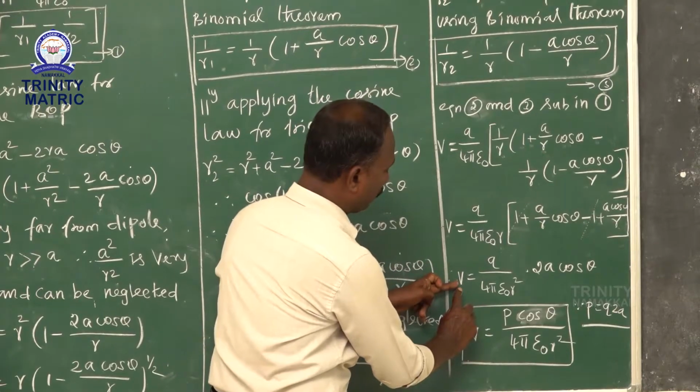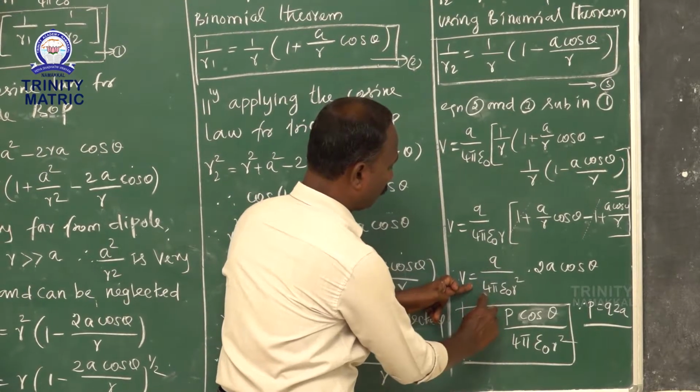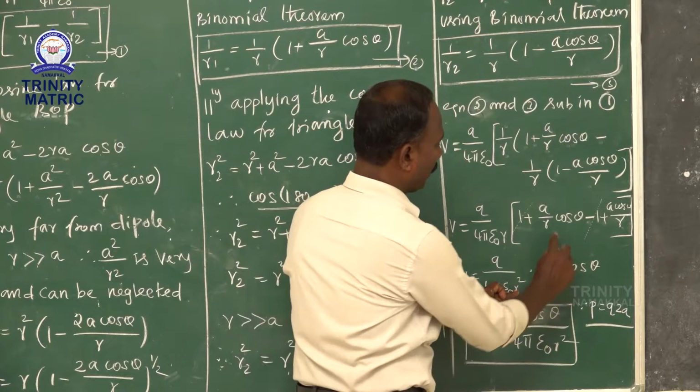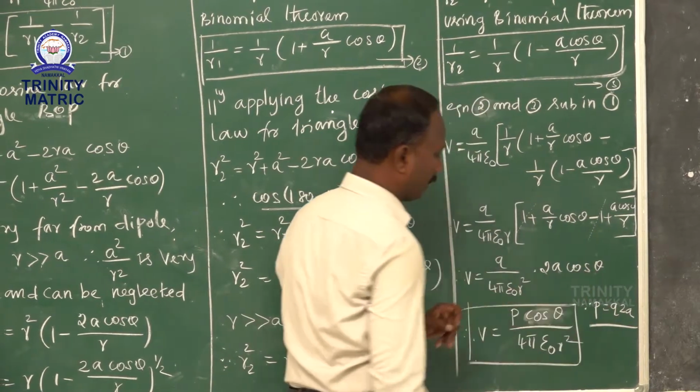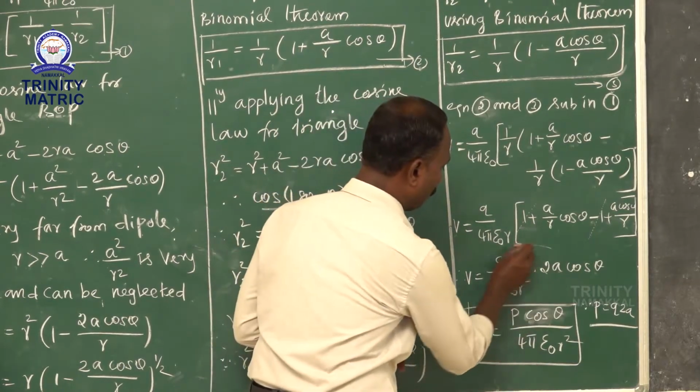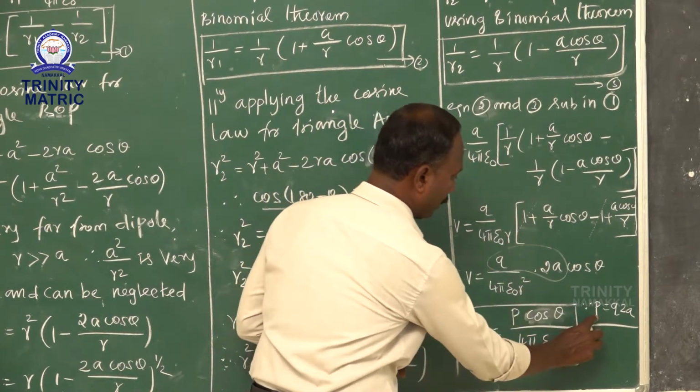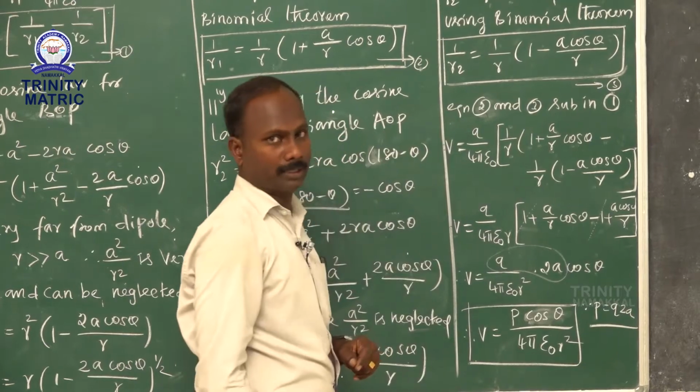Again 1 by R is taken common and then taken outside. So finally we get V is equal to Q by 4 pi epsilon naught R square, here A cos theta plus A cos theta, 2A cos theta. You know the value of q into 2a is p, the dipole moment.